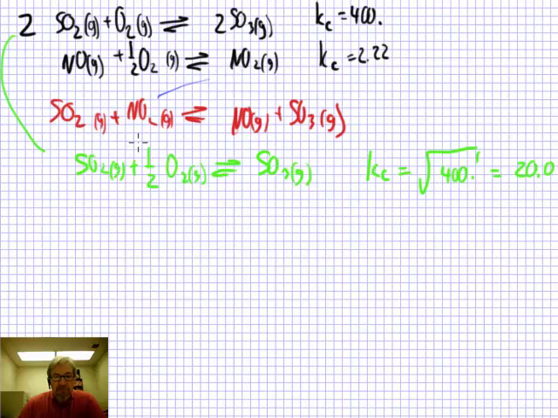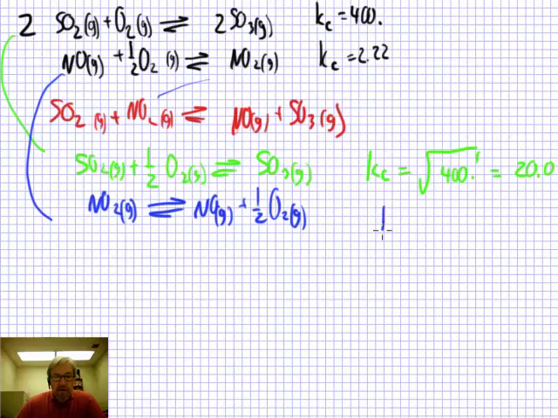So changing this one, I'm going to go NO2 gas in equilibrium with NO gas and 1/2 O2 gas. Because I've reversed it, K for the new reaction is 1 over the original K, so 1 over 2.22, which works out to 0.450.